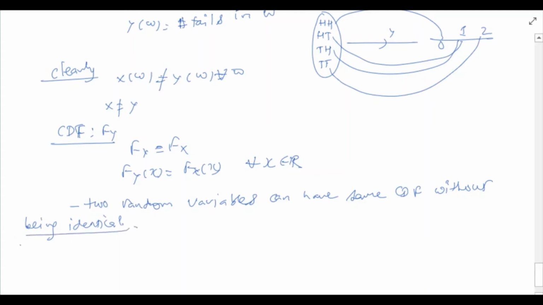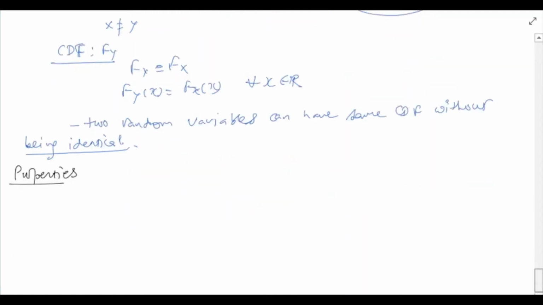Let us now see a few properties of cumulative distribution functions. First property, which one can see immediately, is F(x) is greater than or equal to 0 for all x in R. That is, CDFs are non-negative.